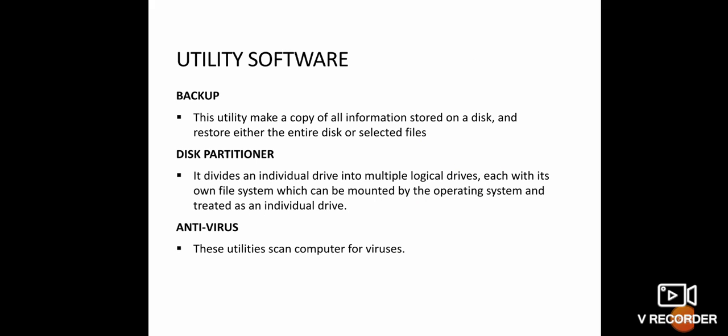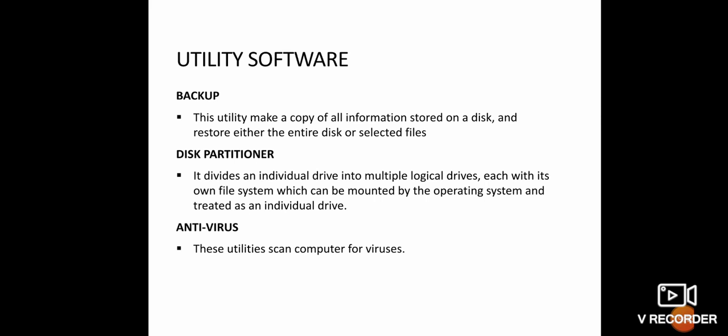Next we have backup. It is a utility that makes a copy of all the information stored on a disk and restores either the entire disk or selected files. If by mistake you delete data, you can retrieve it from the backup. Then we have something called a disk partitioner.